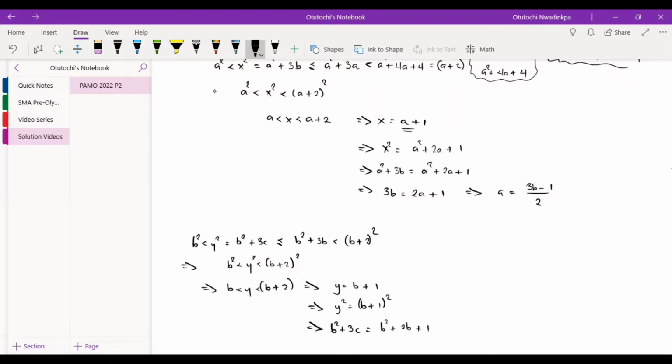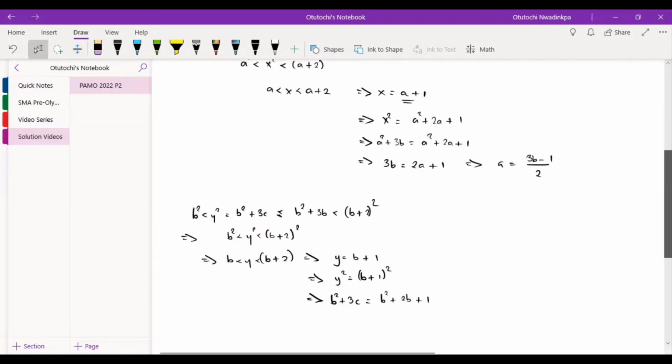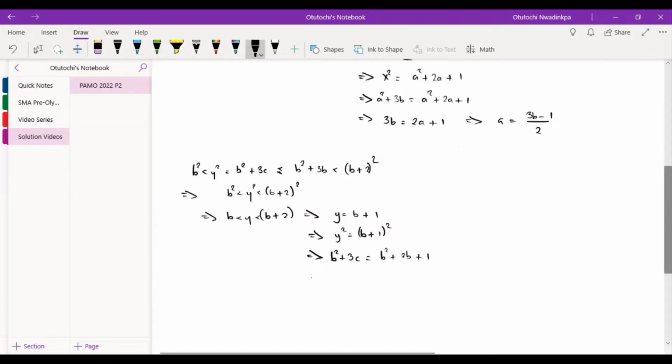And then this implies that 3c is equal to 2b plus 1. So now we have c in terms of b, right? We can express this as c is equal to 2b plus 1 over 3. Now we have a in terms of b and c in terms of b.